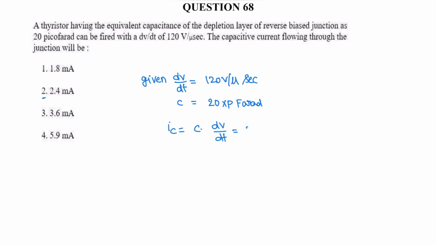So that is 20 pico, which is 10 power minus 12, into 120 micro, that is 10 power minus 6. 240 into 10 power minus 6, 2400 into 10 power minus 6. It is 2.4 milliamperes. So the correct option is 2. 2.4 milliamperes is the capacitive current flowing through the junction. So IC is the capacitive current flowing through the junction.